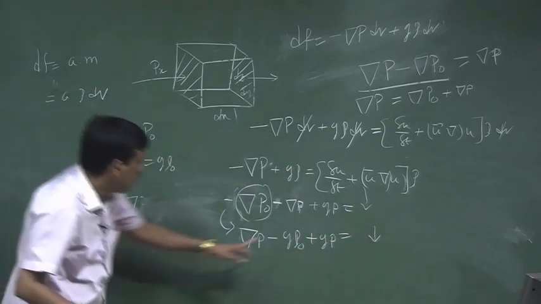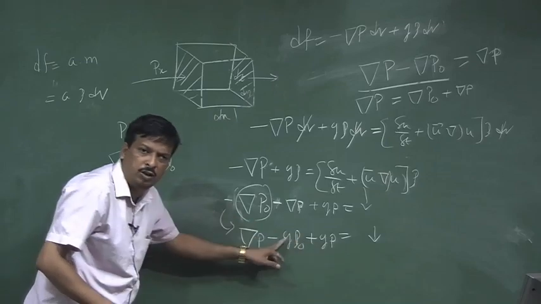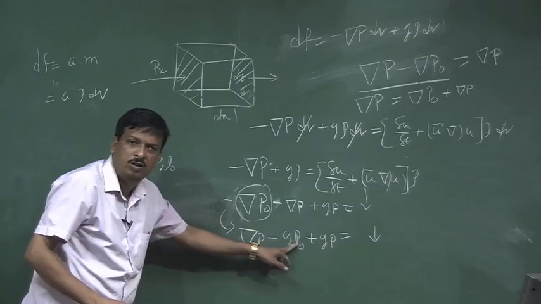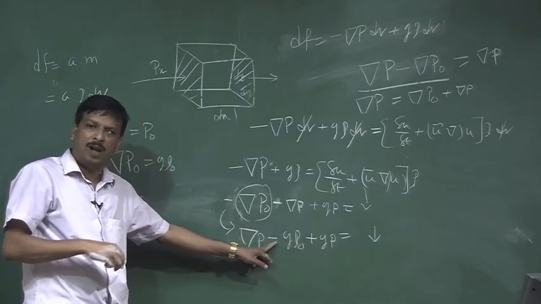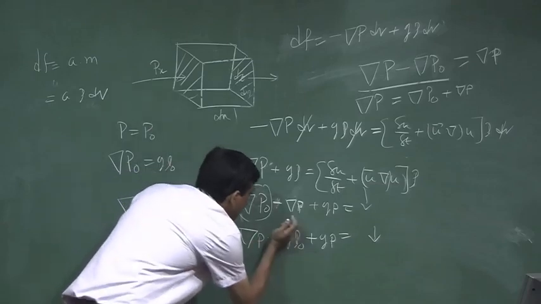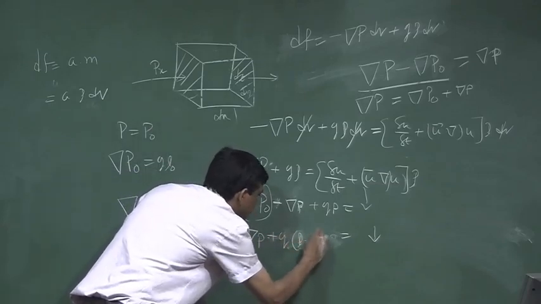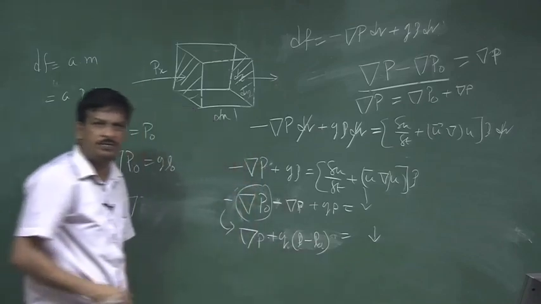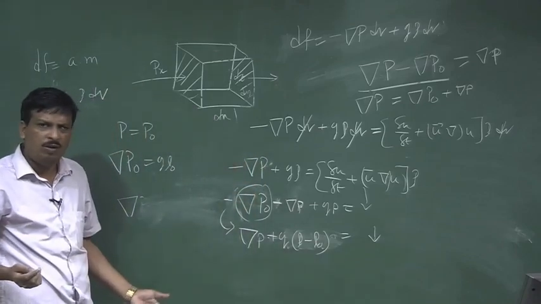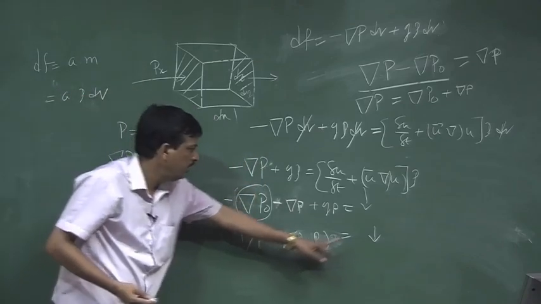Okay. So, if I consider g is plus, then this is nothing but plus g into rho minus rho 0. g is common, rho minus rho 0 is equal to the same thing.